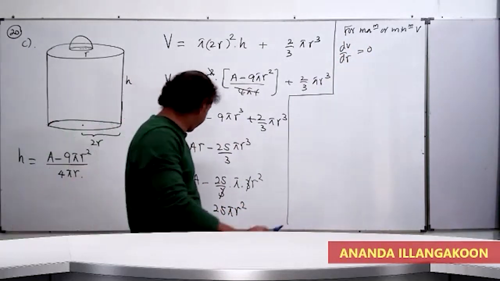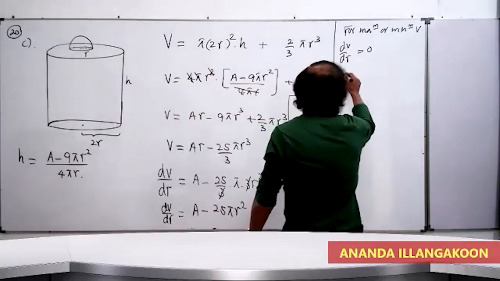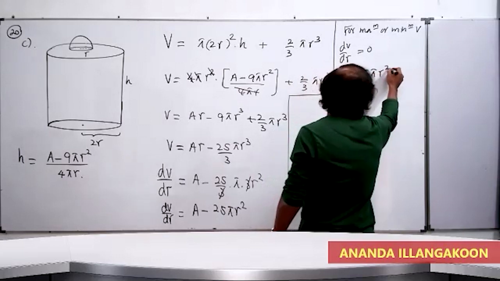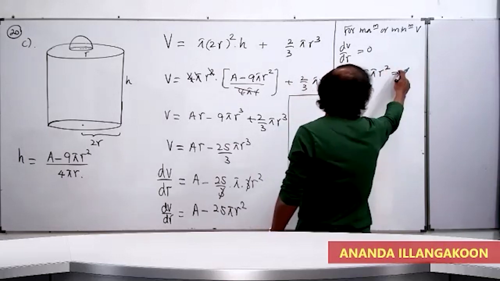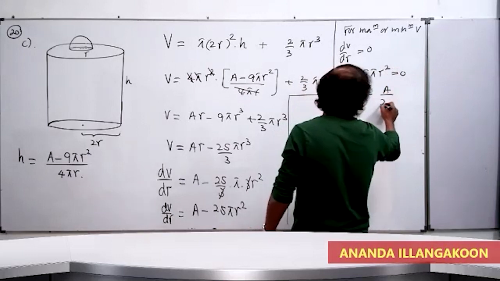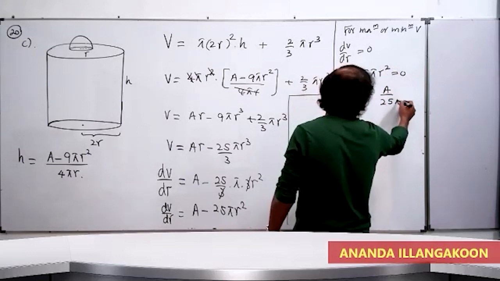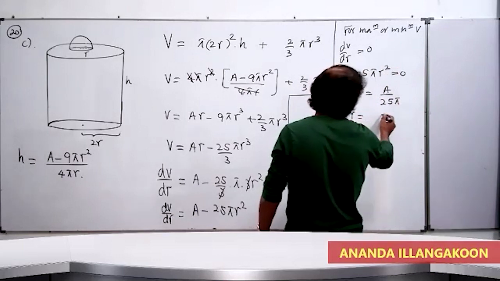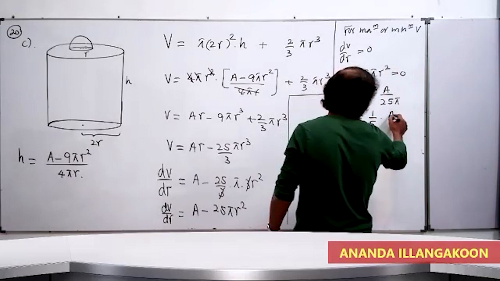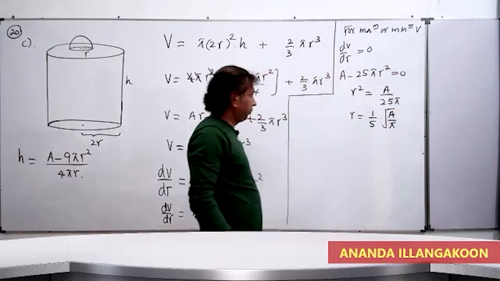Equate this to 0. A minus 25 pi r squared equals 0. Make r squared the subject: A divided by 25 times pi. r means 1 over 5 root A over pi. This is the r value.